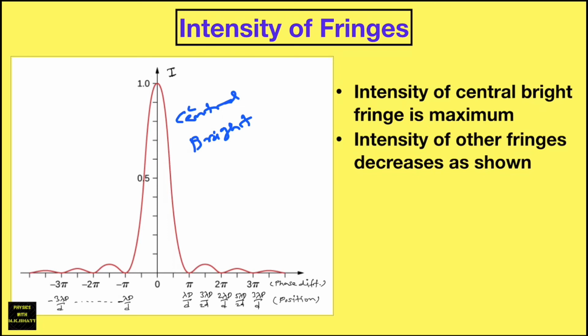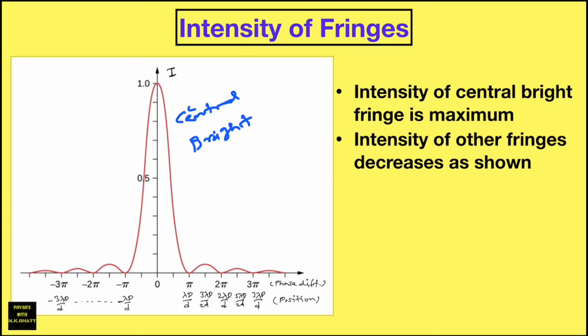The question arises, why is the intensity abruptly decreased after the central bright fringe? The reason behind it is very simple. If you recall, in the last video lecture we discussed how the bright fringes are formed, and for that purpose we divided the wavefront into 3 parts, 5 parts, 7 parts, and so on. One fraction of those divisions was responsible for the formation of bright fringes.